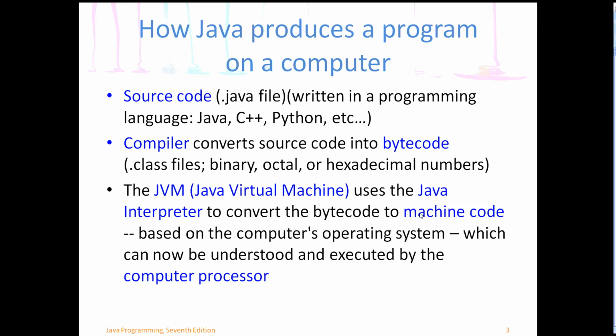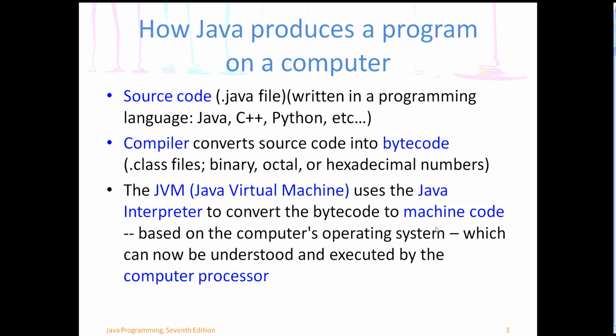Now the important thing about the machine code is this code is based on the computer's operating system. And so that's why Java is so useful, because the JVM will convert it to the machine code that's based on the operating system, so it can be any computer then. If it's a Mac computer, it'll make the machine code readable by the Mac operating system.